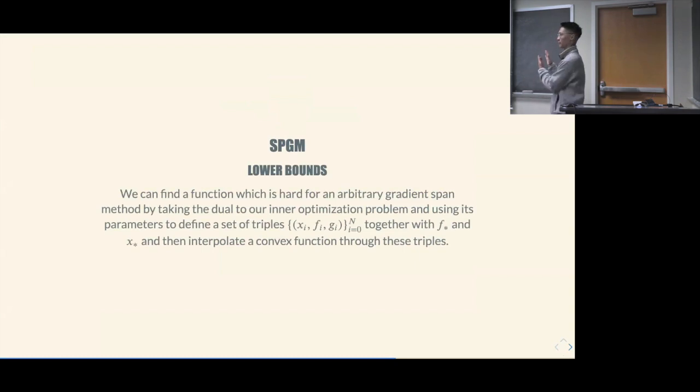The dual program gives you a way of explicitly constructing upper or lower bounds for the optimization problem, and you can use the parameters from the dual program to come up with a set of triples, which you can then interpolate a function through, using some existing technology for proving such lower bounds.